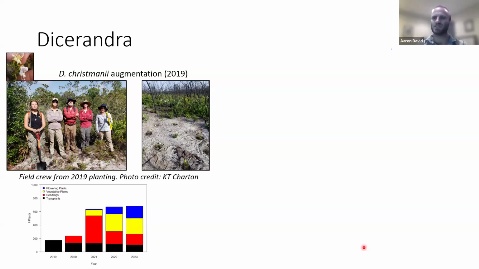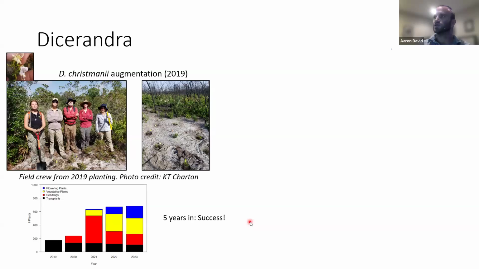This figure just basically shows the increase in the population from all transplants to seedlings coming up, and this is updated from last year, but now a good deal of them are flowering plants, and some of those transplants are still alive, still pumping out seeds, but a lot of those recruits are now flowering plants, which is great and exactly what you want to see for a successful introduction.